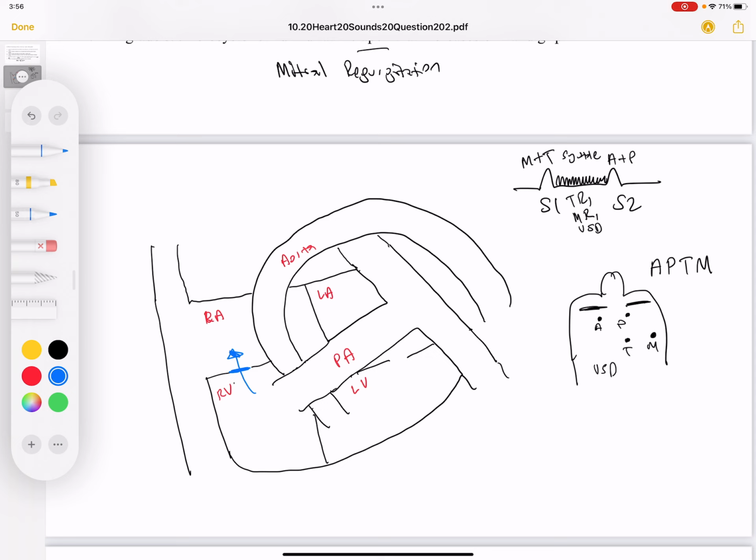This will result in a higher amount of blood found within the right atrium. As a result, during diastolic filling, we will have more blood found within the right ventricle. Then when systole occurs, because now that we have more blood found within the right ventricle, there's more potential of blood flowing back to the right atrium from the right ventricle.